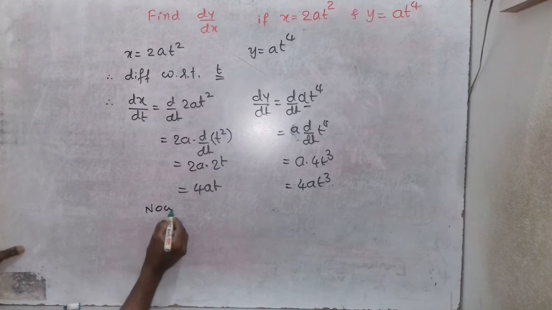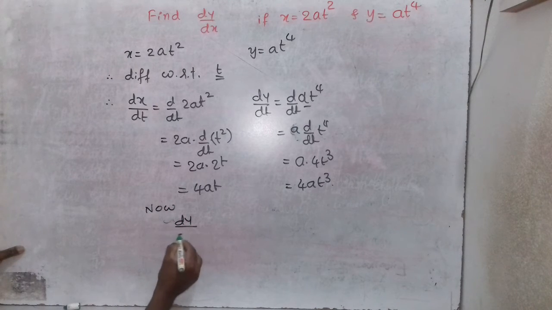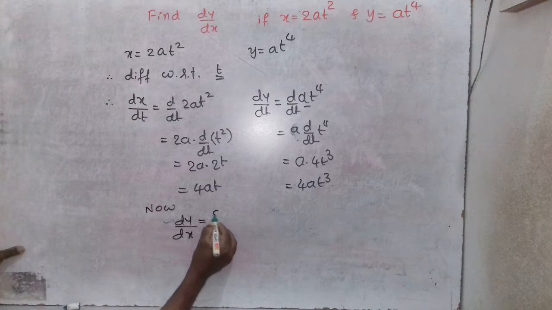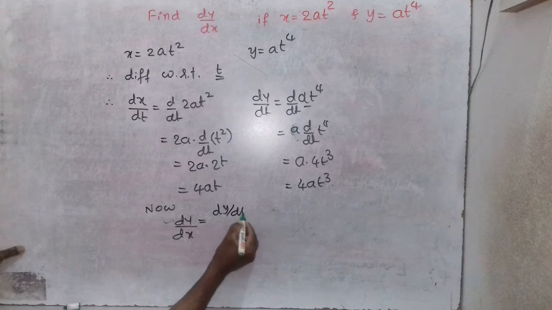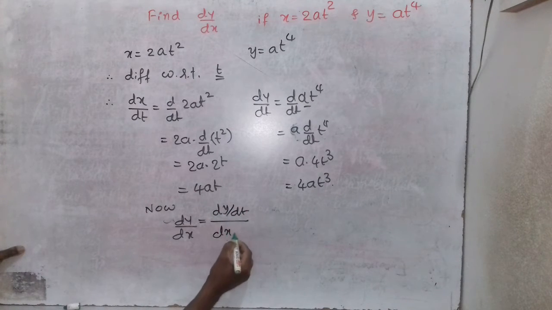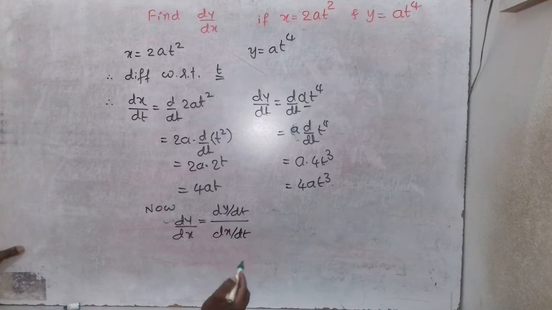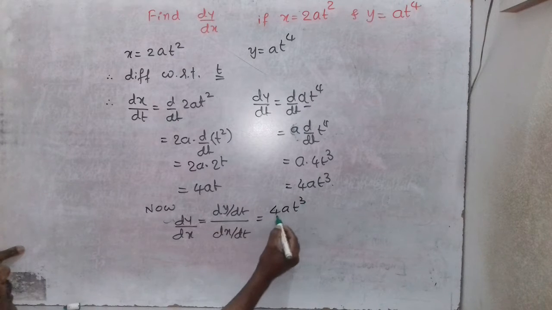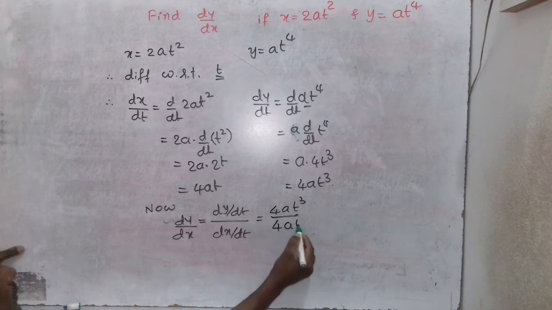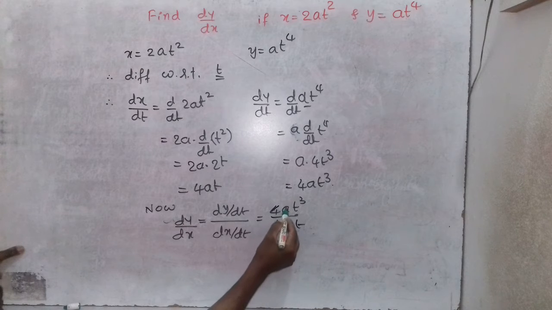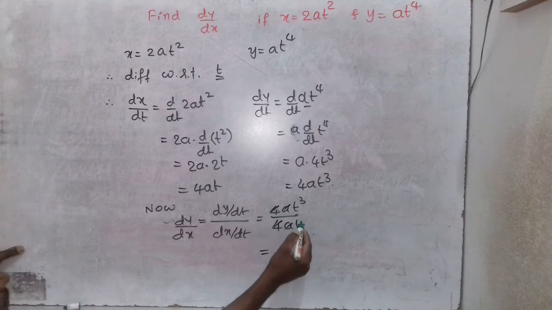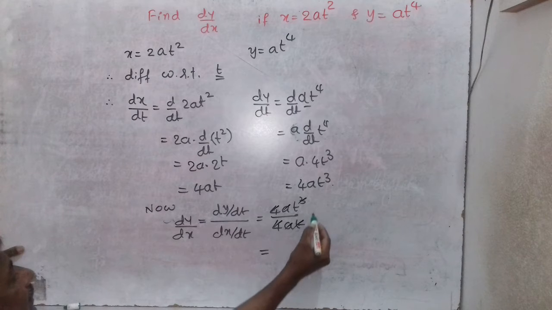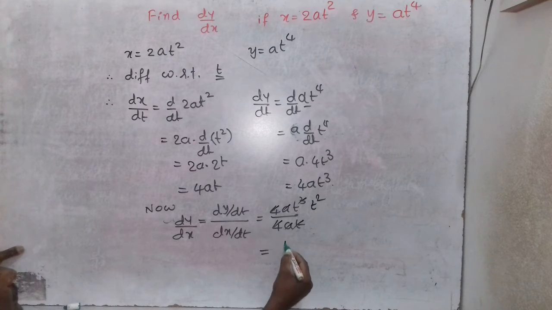Now dy by dx equals dy by dt divided by dx by dt. dy by dt is 4at cube, dx by dt is 4at. Substituting, 4at cube divided by 4at: 4a cancels, one t also cancels, so this becomes t square.